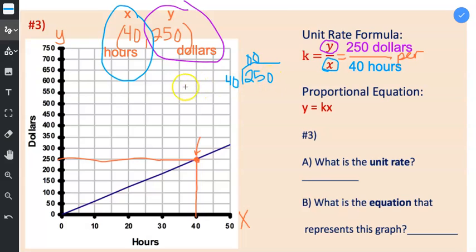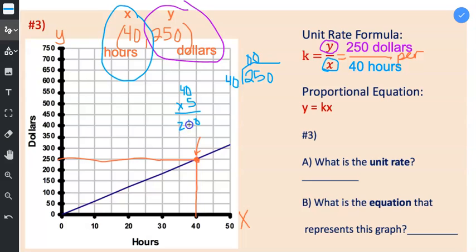40 goes into 250. Let's think about it. 40 is sort of close to 50. And if I count by 50s, 50, 100, 150, 200, 250, that would be 5. So I would say it's got to be at least 5. So let's see what we get multiplying by 5.